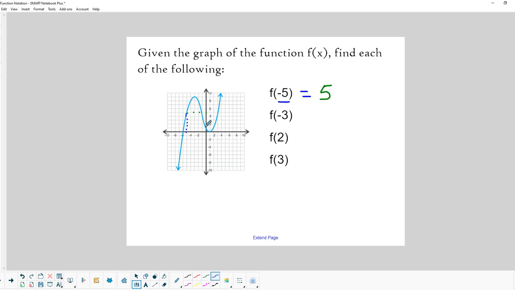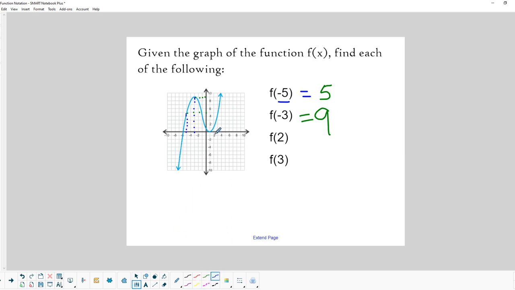At -3, we would go up from x equals -3 till we hit the top of that graph. And then we turn the corner and go to the right, and we find out that we hit number 9. Well, what about f of 2?